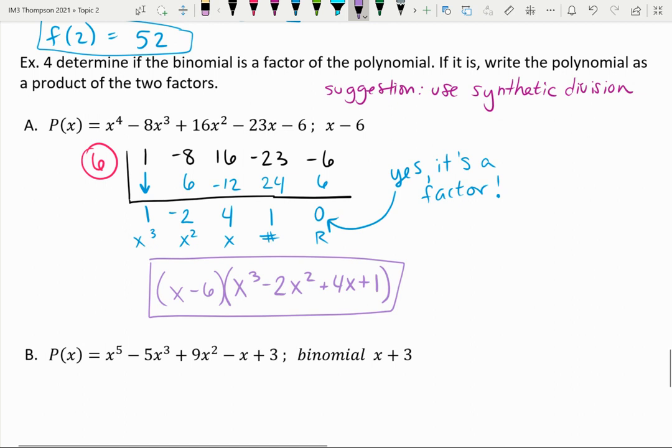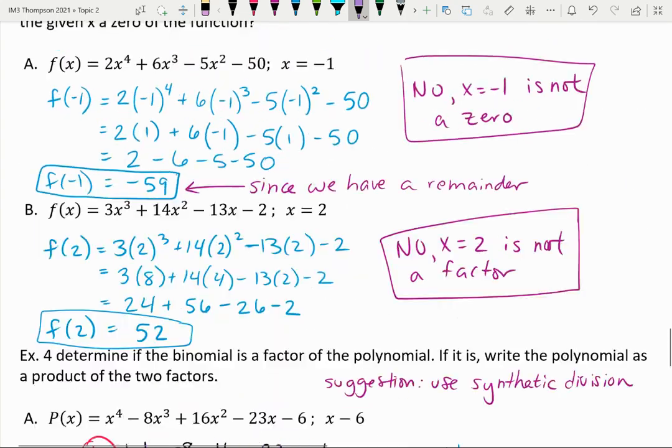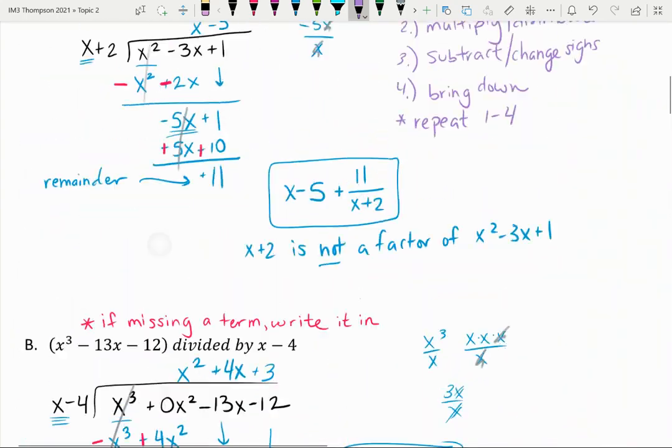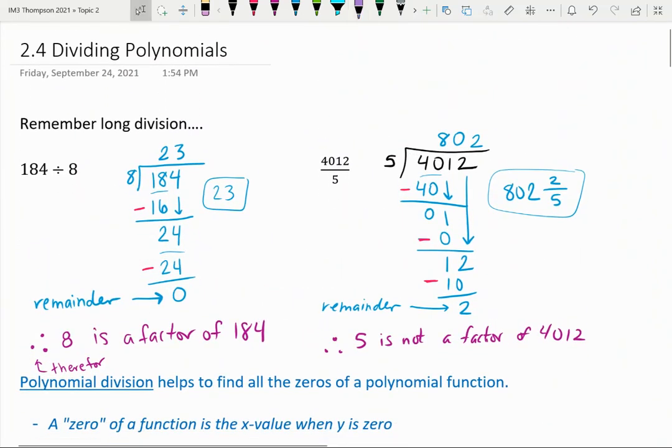I'm going to relate that back to the very first thing we did in this unit. So I'm going to scroll away from the screen for just a second. I'll come back, I promise. When we were doing, it was a long ways up. When we were doing long division of numbers, and we said, okay, let's just do some long division. 8 goes in 184.